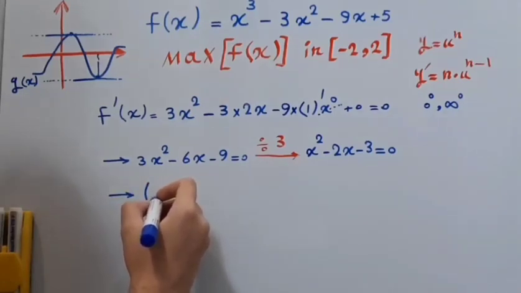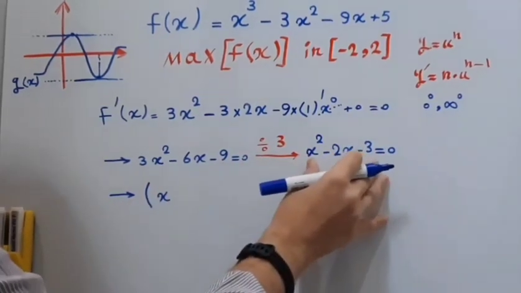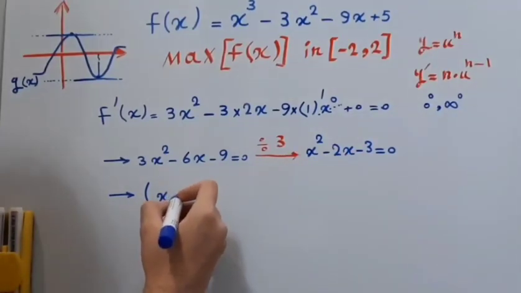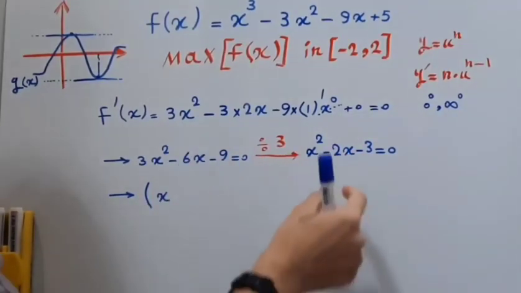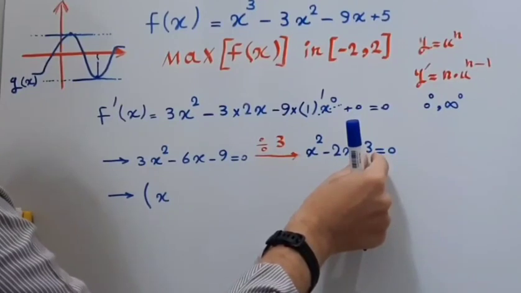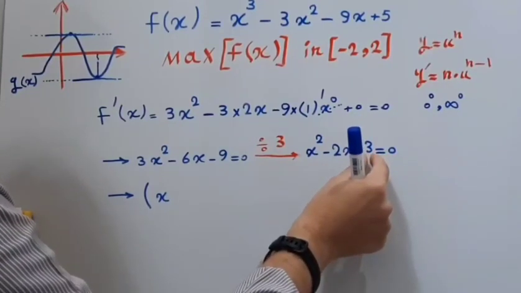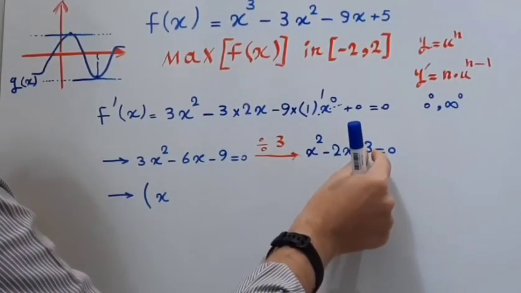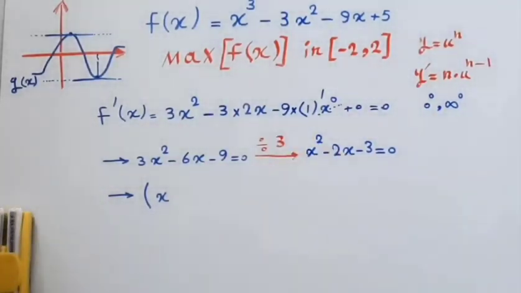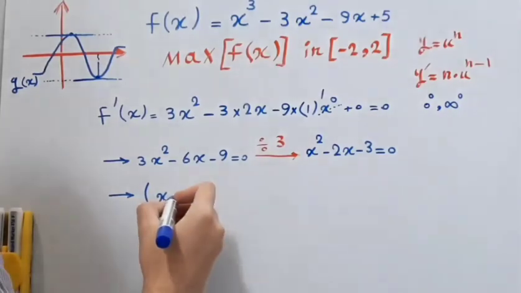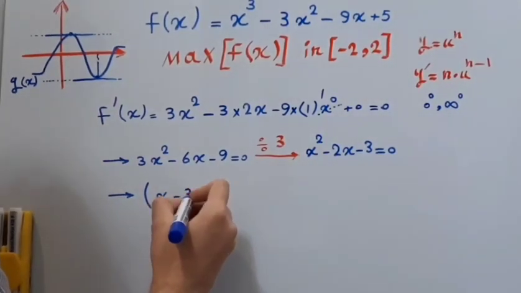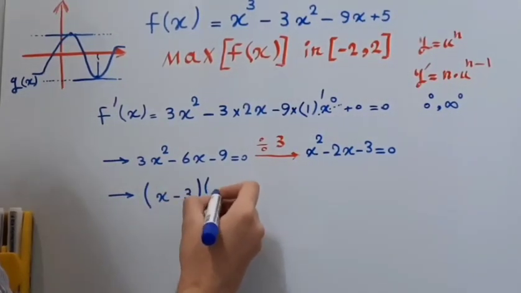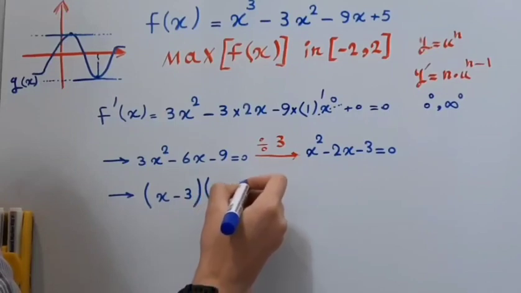So let's factor this expression. We want two numbers whose product is minus 3 and whose sum is minus 2. So minus 3 and plus 1, I think they are good.